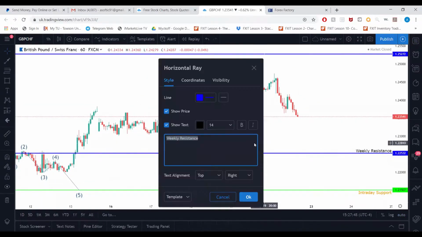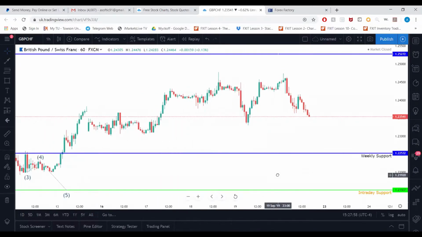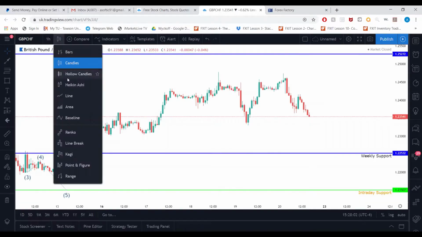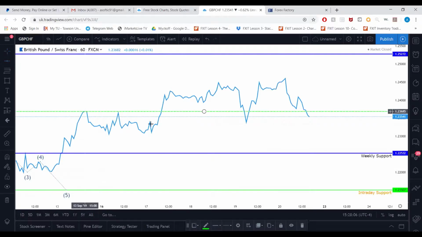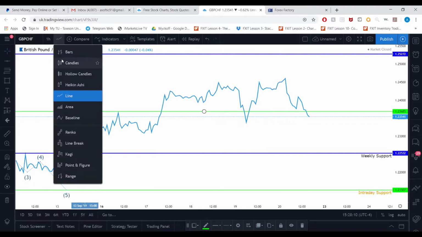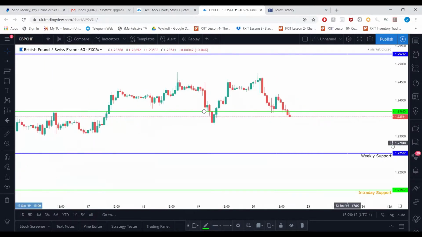Nothing in the middle. Support. Haven't traded this pair in a while. Let's see here. Okay, yeah.